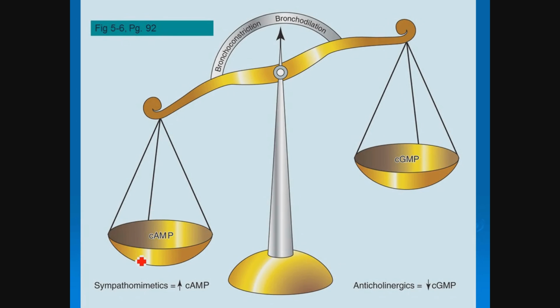Doing that will actually cause bronchodilation to happen, and we'll talk about these two substances, cyclic AMP and cyclic GMP, in a second. But basically what sympathomimetics do is they create more of this substance, which leads to bronchodilation. Same thing can be accomplished by inhibiting that substance using an anticholinergic, and we'll talk about that.